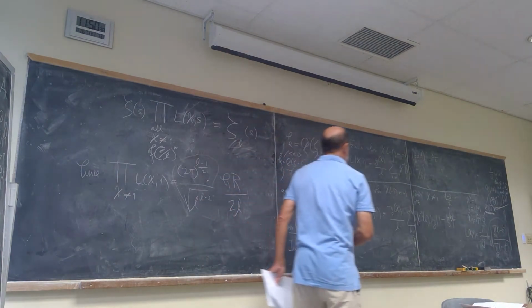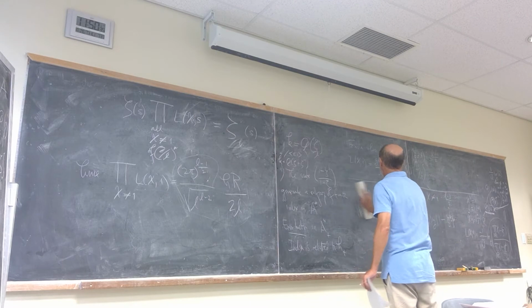And what do you get from the imaginary quadratic characters, which is what we did last time?